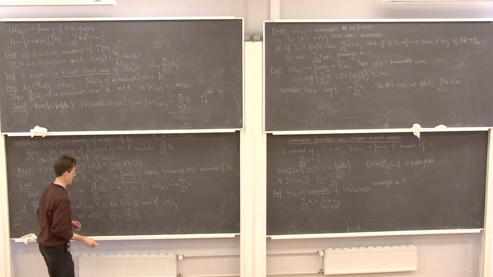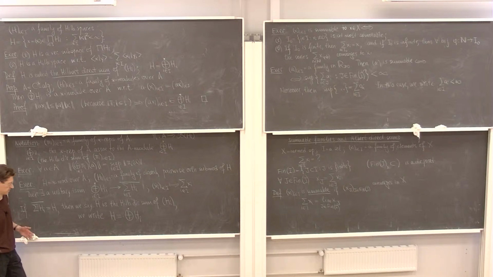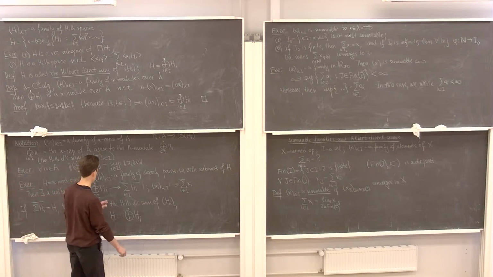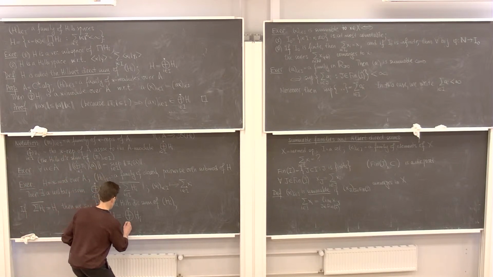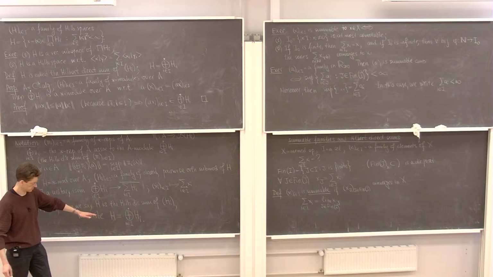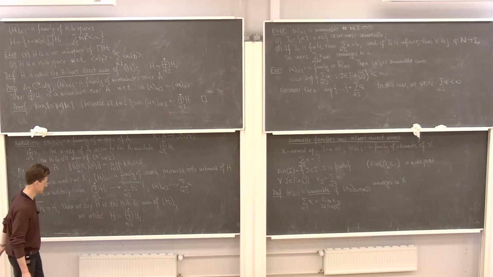So formally, H, of course, is just isomorphic to this Hilbert direct sum by means of this concrete isomorphism, but in practice, we often write this equality, and usually this doesn't lead to any problems.